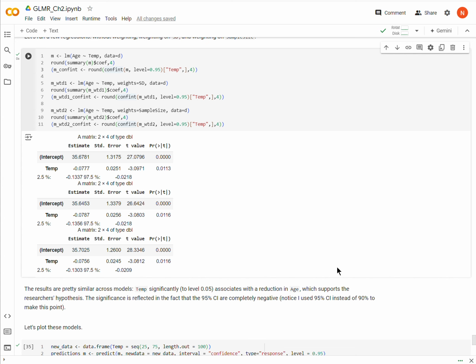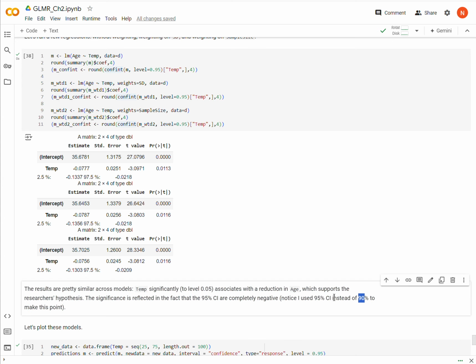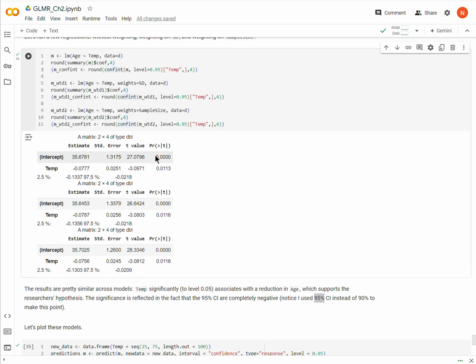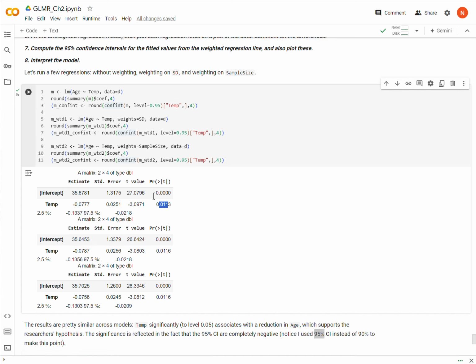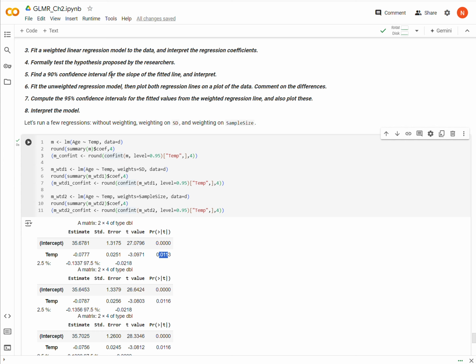Now, notice that the question asked for 90% confidence intervals, and I gave 95 in order to go along with the idea of calling it significant at p equals 0.05.